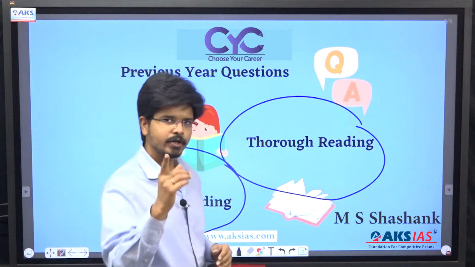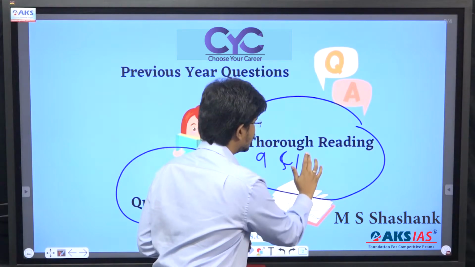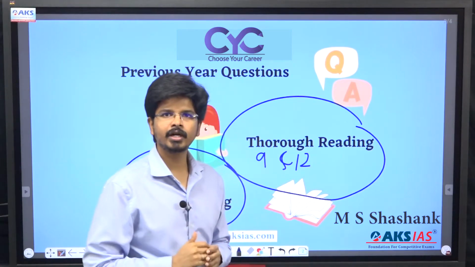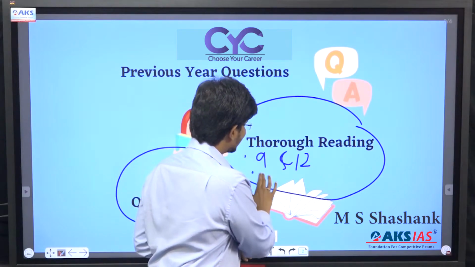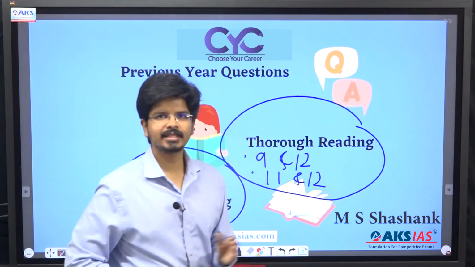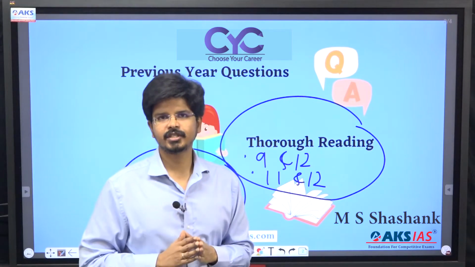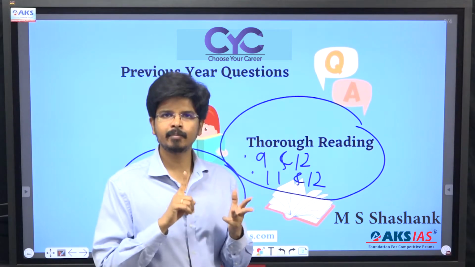If you can note it down, there are the class 9th and 12th old NCERT textbooks for the world history subject. Along with that, you have class 11th and 12th Indian history subjects for ancient India, medieval India, and modern India.